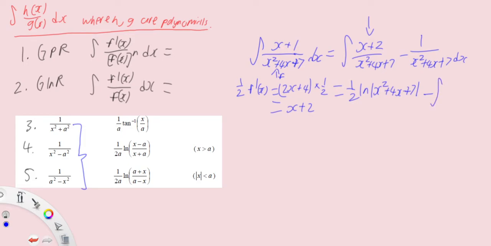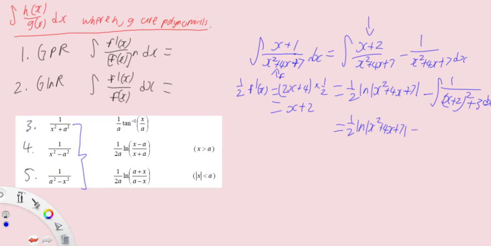Now we try to convert this to the other form. So earlier I already showed you the conversion, right? This denominator is basically x plus 2 whole thing squared plus 3, and then obviously the dx. So what do you do next? Well, our ln still stays the same, but based on the formula here, it's basically 1 over a.